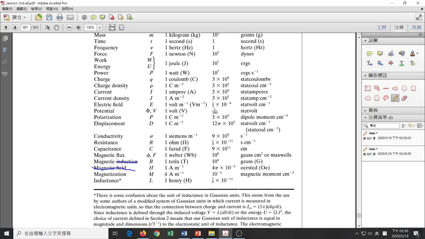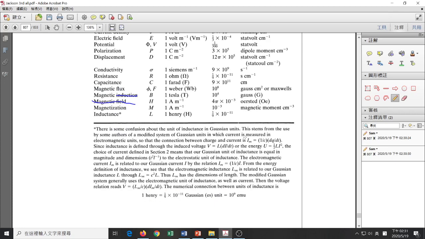However, if you compare the value of B, for example, 1 Tesla, you get 10 to the 4th G, and for H you get 10 to the 4th Oersted, Oe. So their dimension, their unit is different, but their value will be the same. So you should be careful. If you write Gauss, it means the B field; if you write Oersted, it means the H field. Be careful about that.